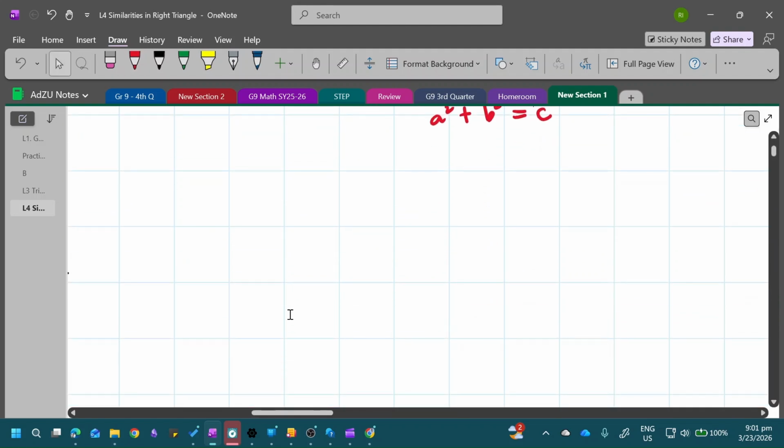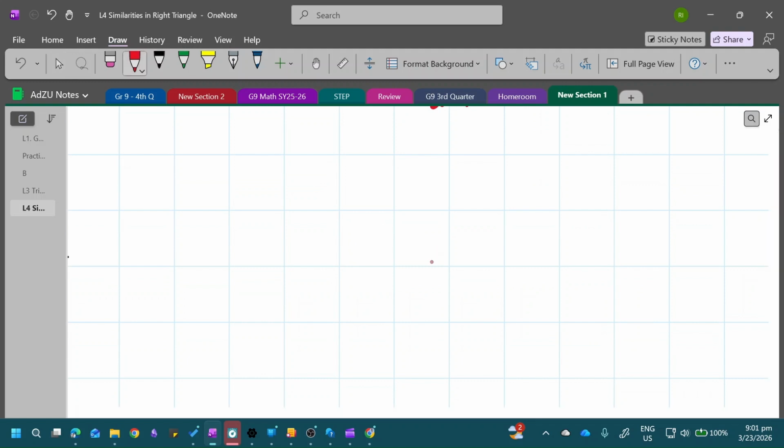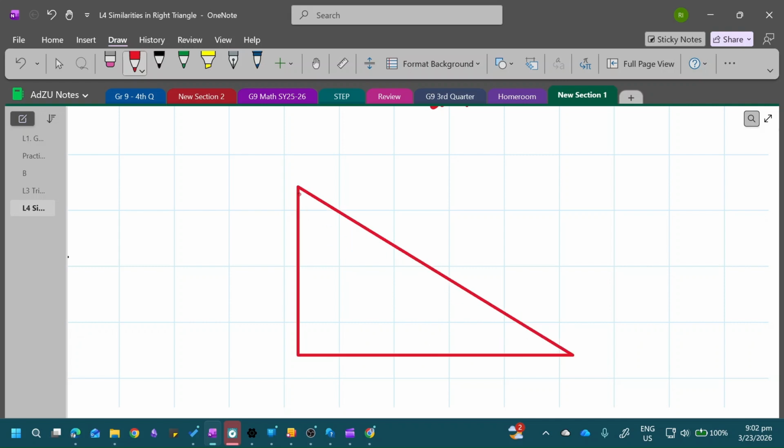So, let's use given values right now to guess. Let's say in this right triangle, our C is this, our A is this, our B is this. Let's say the values we have are B is 3, A is 4, C is what?